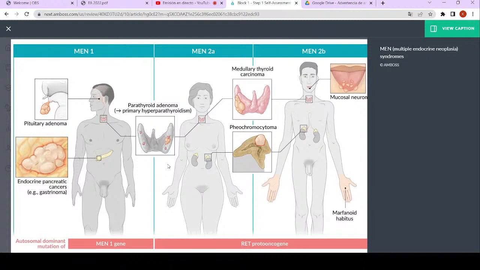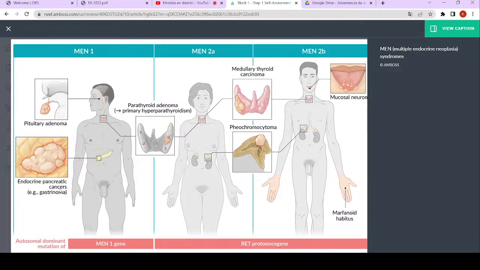This is a suppressor gene, and RET gene is a proto-oncogene. So MEN 1 is for the suppression, and MEN 2A and MEN 2B are because of a proto-oncogene. MEN 1 is the three P's: pituitary adenoma, parathyroid adenoma, and pancreatic cancers.